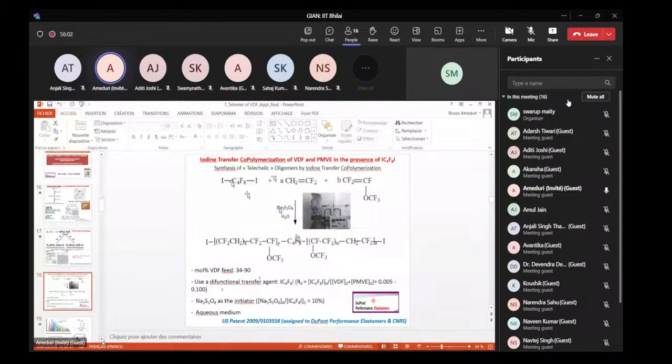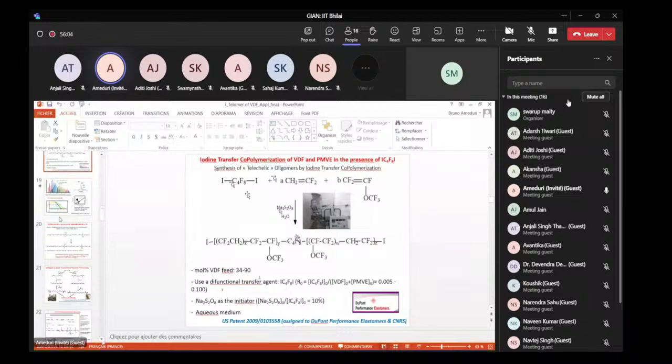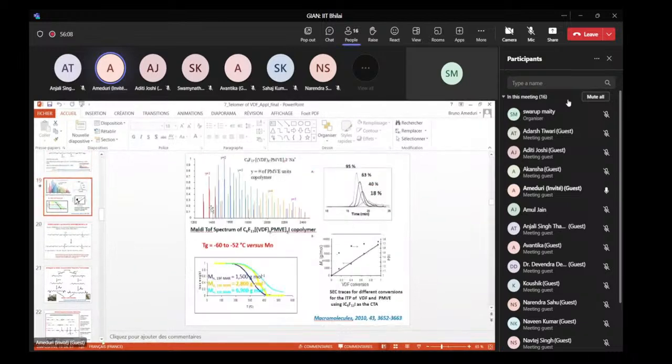And what happens is we characterized the different co-products by MALDI, and in this case it's a little bit more complicated because PMVE does not homopolymerize, but as soon as you have one unit, you can have several units of VDF. So 1, 2, 3, the green, 4, 5.